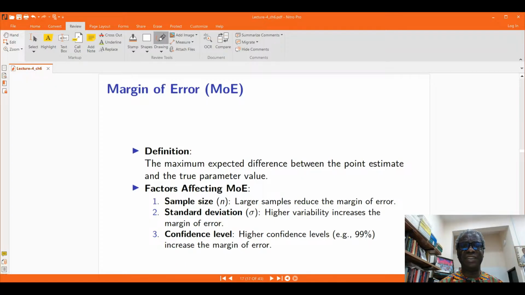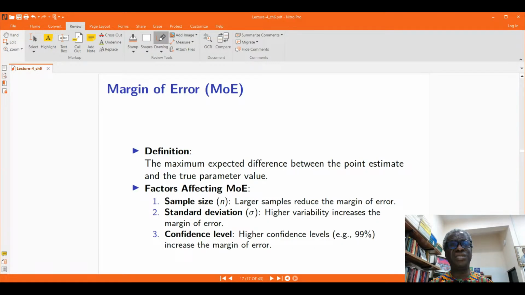For standard deviation, which measures the variability in the population, higher variability will increase the margin of error, which means it will expand the width. But if the standard deviation is less, it will close the width.